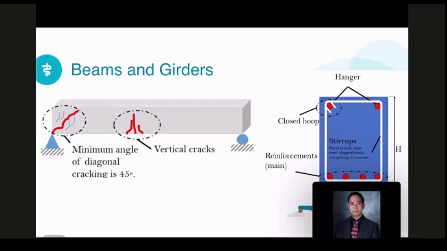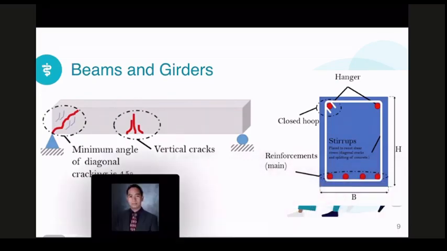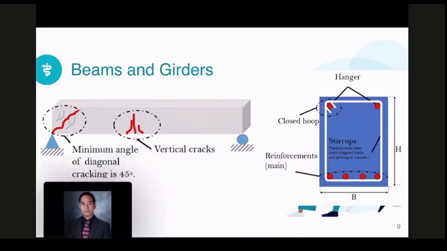In general, workers in the construction industry refer to large beams as girders. For the main reinforcement in the beam, we have closed hoops, the main reinforcement, and the stirrups for shear. They are placed to resist shear stress, diagonal cracks, and splitting of concrete.